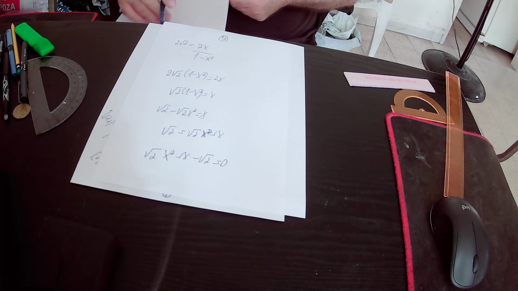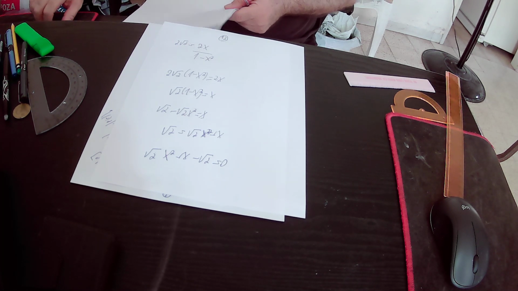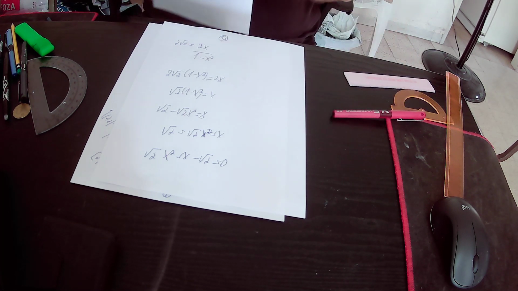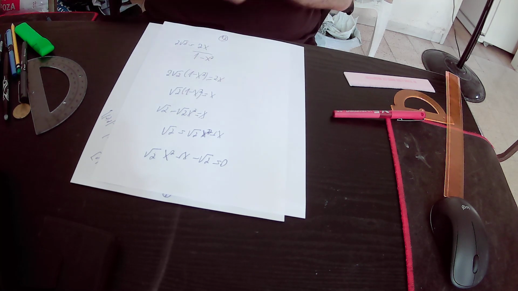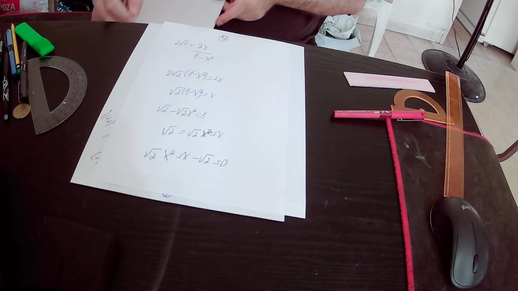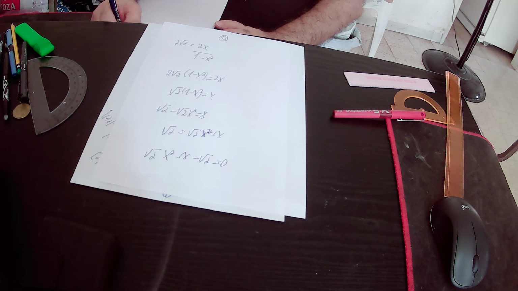Actually, the general formula for a quadratic equation is ax squared plus bx plus c equals 0.